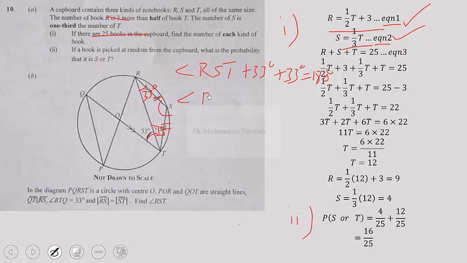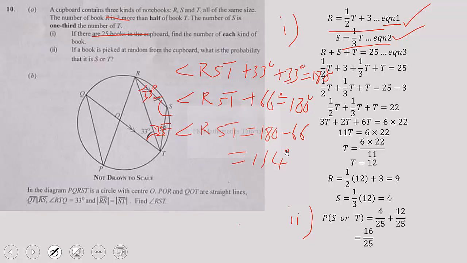So angle RST plus 66 degrees will be equal to 180 degrees. So angle RST will be equal to 180 minus 66, and that will give us 114 degrees.